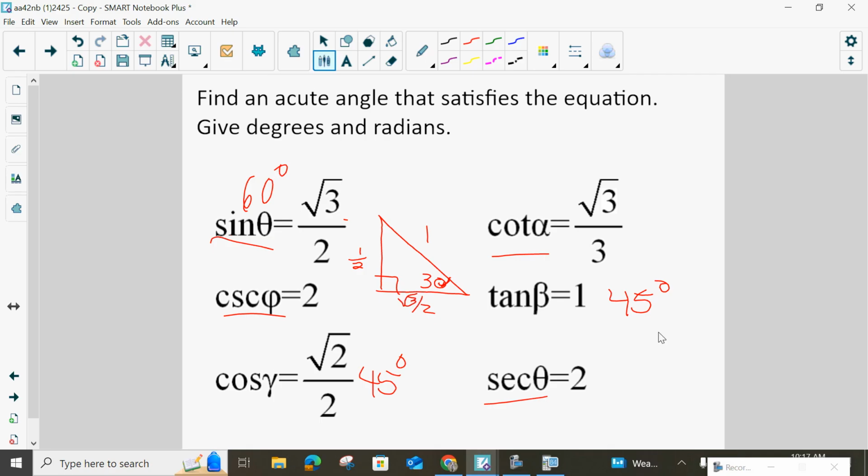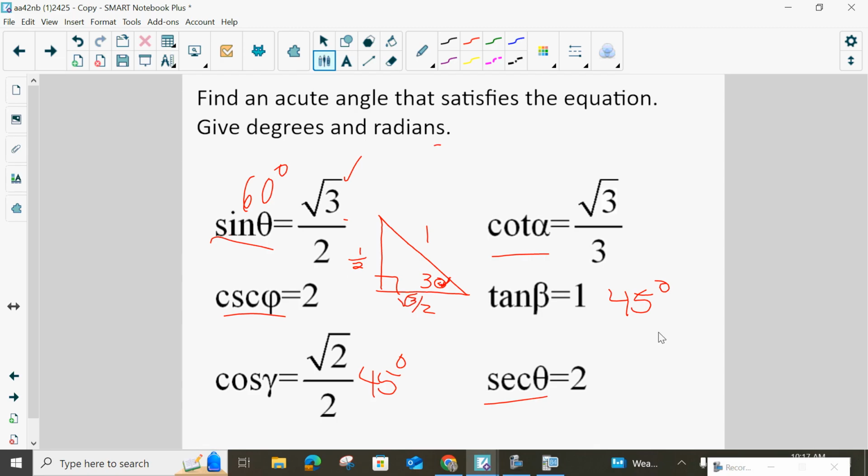So if you pick an angle and you say, okay, I'm going to find all the functions for that angle, if it's not 30, then it's got to be 60. Does that make sense? So it's like process of elimination. So, okay, that one's good. All right, now I'm going to go to cosecant.